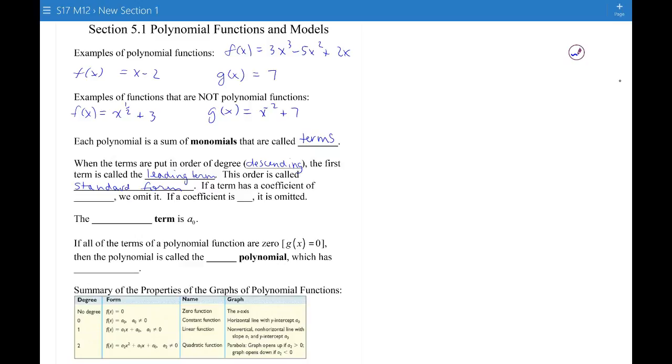If a term has a coefficient of 0, we omit it, save ourselves some writing. And if a coefficient is a 1, you will not see it either. The constant term is a sub 0. If all the terms of the polynomial function are 0, then that's a special creature called the zero polynomial, which has no degree.